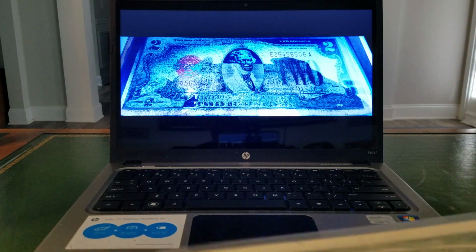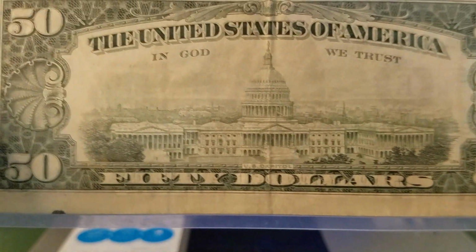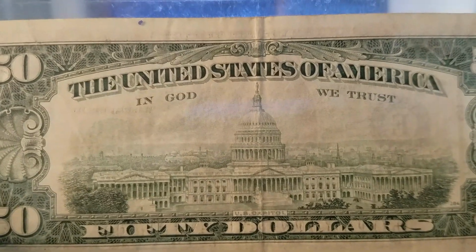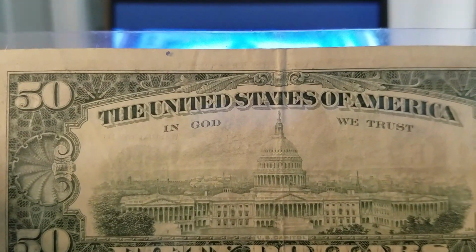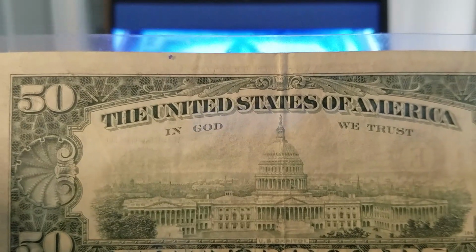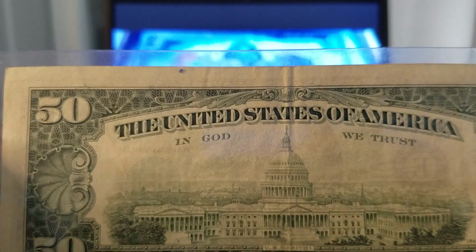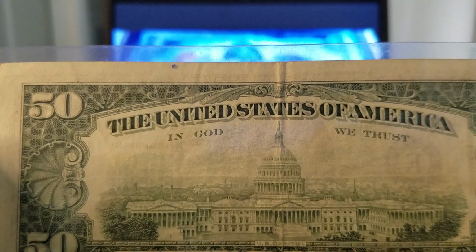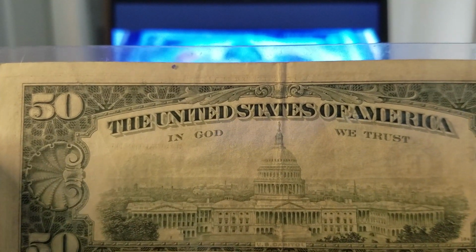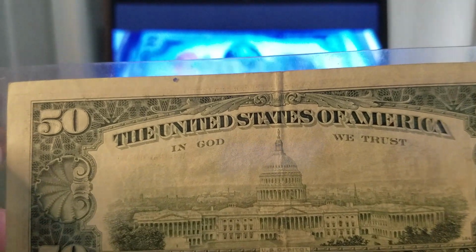Okay, so on the $50 note, we got Capitol Hill, the legislative branch of the United States government, officially known as Congress. It is located on the eastern end of the National Mall. The building is a neoclassical design.